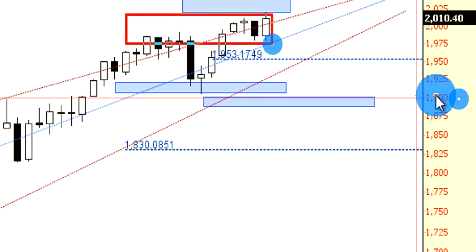If you draw a box around this, we've spent 1, 2, 3, 4, 5, 6, 7, 8, 9, 10, 11, 12, 13 weeks in this zone or slightly below this zone. So this is an area that traders are having a real difficult time dealing with.